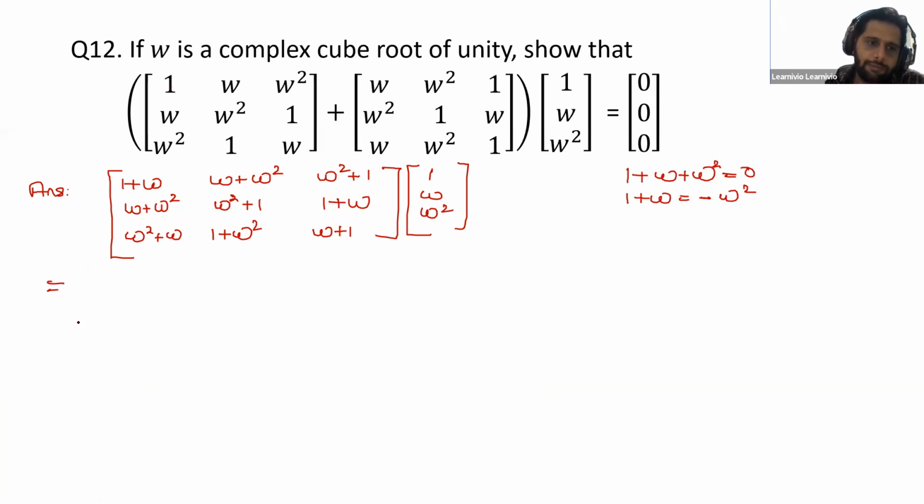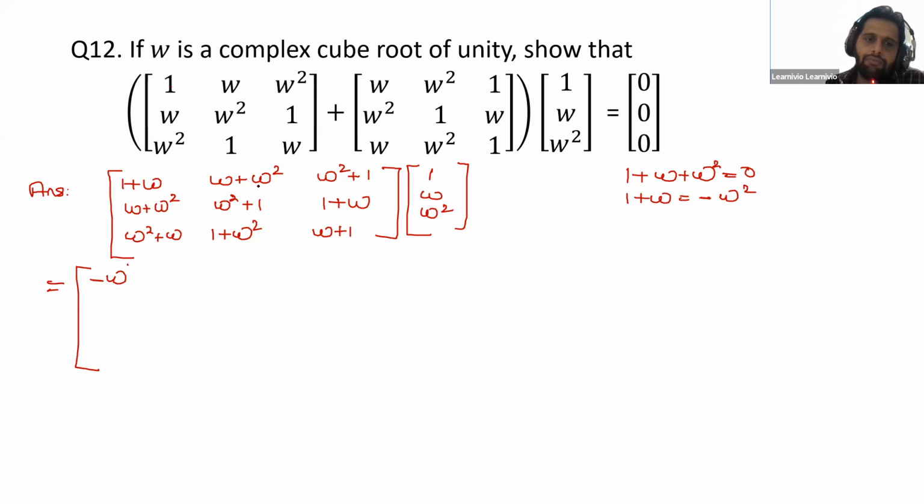Atif, Maziha, Saf, in place of 1 plus omega, can we write minus omega square? Yes. So in place of 1 plus omega, we can put minus omega square.